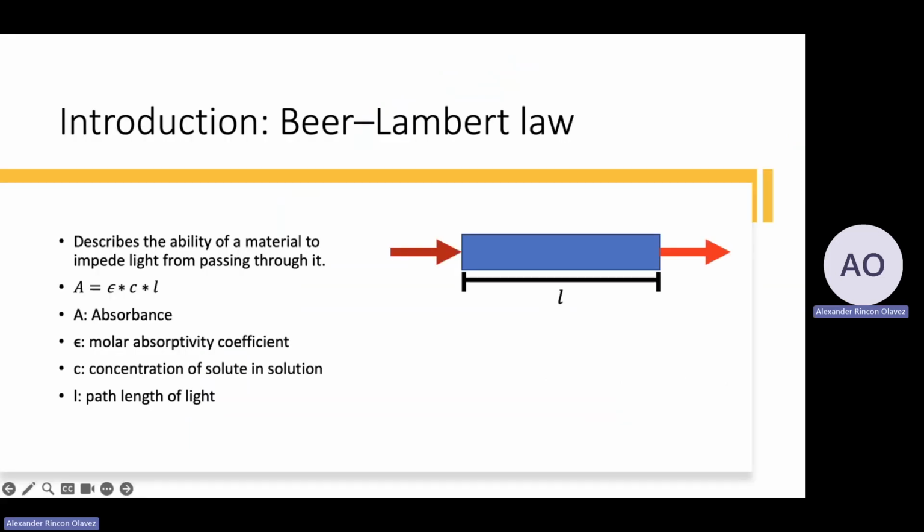So, in order to understand the scope of the project, it is important to understand Beer's law, which describes the ability of a material to impede light from passing through it.